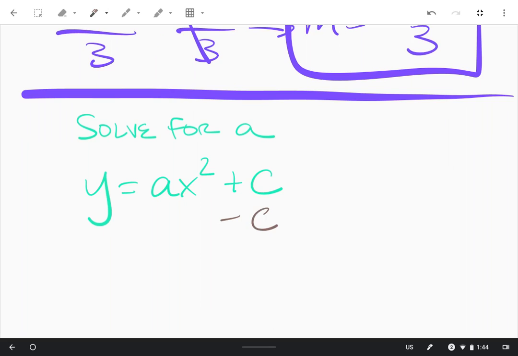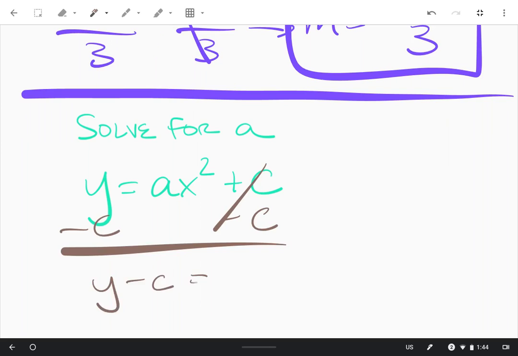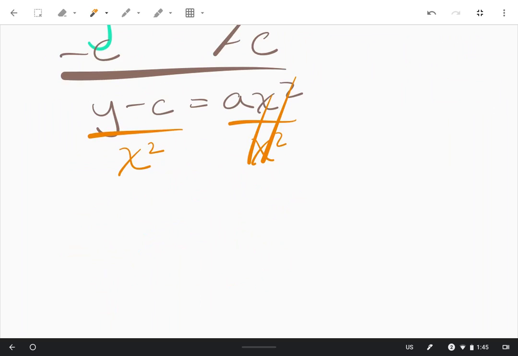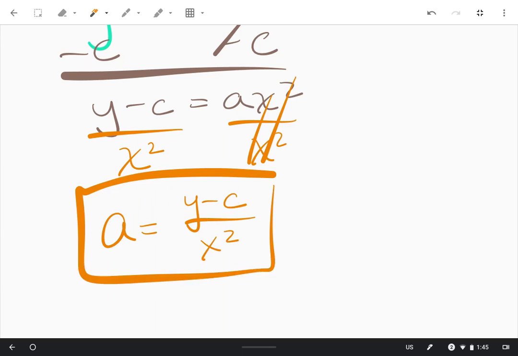Get rid of the c first. And I'm going to end up with y minus c equals ax squared. The x squared is being multiplied by a, so I'm going to divide the whole thing by x squared. That's going to cancel. And so I end up with a equals y minus c over x squared. And we're done.